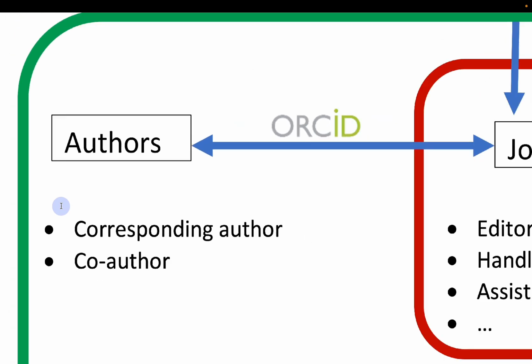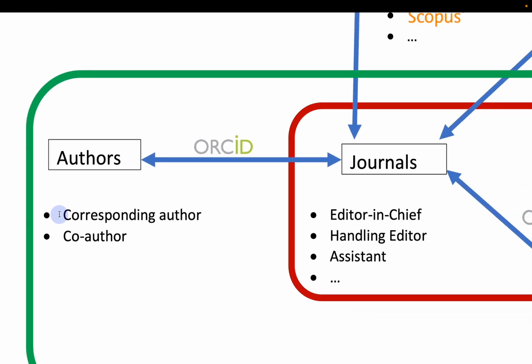Authors can connect with journals using their own ORCID account. A successful and active researcher needs to have an ORCID account, although journals have their own system to establish a connection with authors.